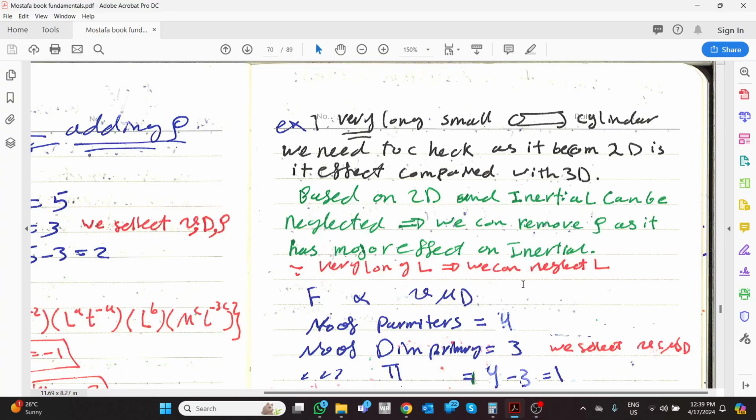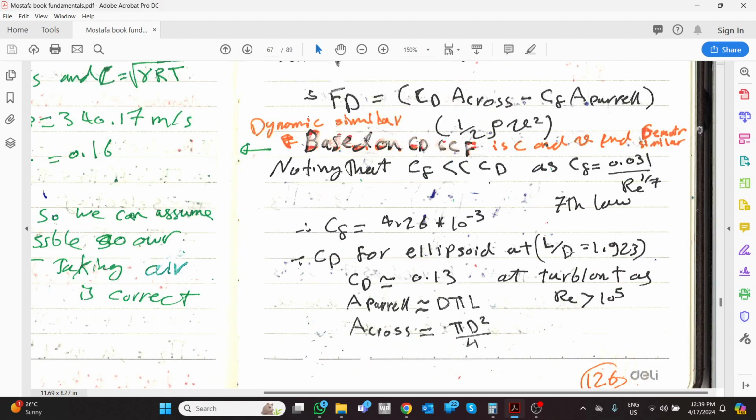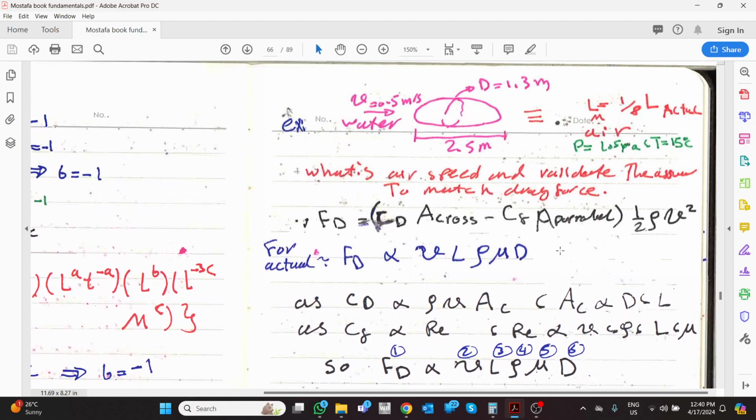But maybe somebody will tell me, no, no, let's keep the density, we should not neglect it. Then I tell them, okay, if you cannot use the logic, let's return back to our equations. So we know that the force is a function of CF and CD multiplied by density.